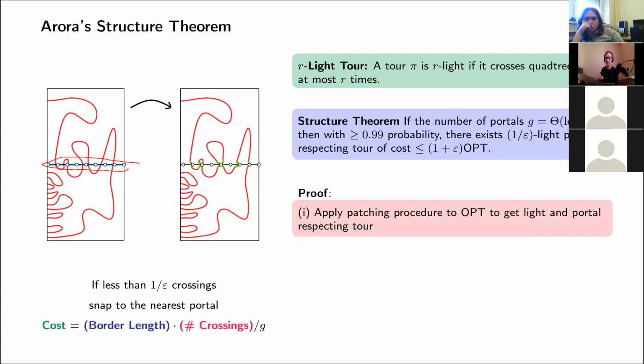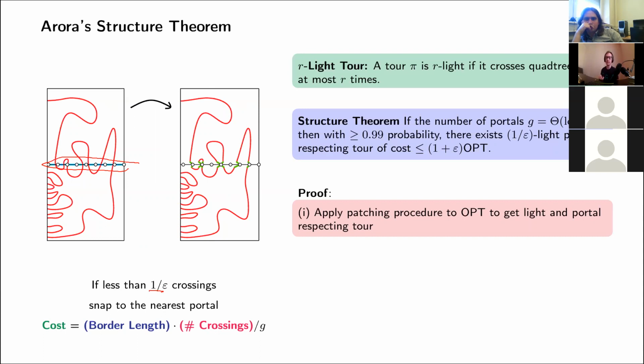Then what we basically do is we move these crossings slightly, infinitesimally close to this edge, to the portal, right? And now, because the tour originally crossed this edge only 1 over epsilon times, this modified tour will also cross it 1 over epsilon times.